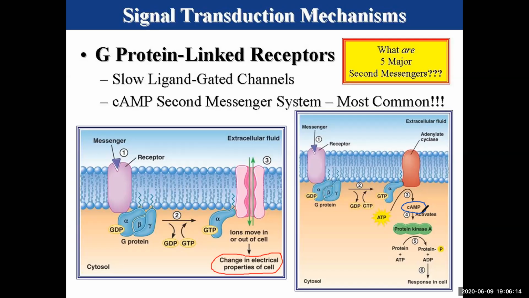There are 3 more, and they are on table 5.3, page 141. So again, the alpha subunit of the G protein activates another transmembrane protein, and this transmembrane protein is an enzyme. All of this will come back, guys, so make sure you learn this.